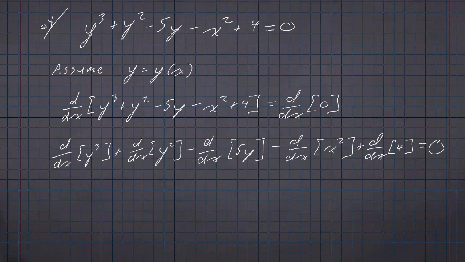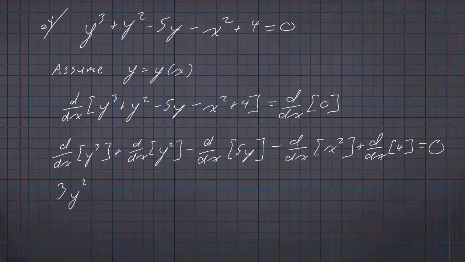Now in each of these expressions we have y as a function of x. So when we take the derivative with respect to x, we are going to need the chain rule. The derivative of something cubed is 3 times that thing squared.